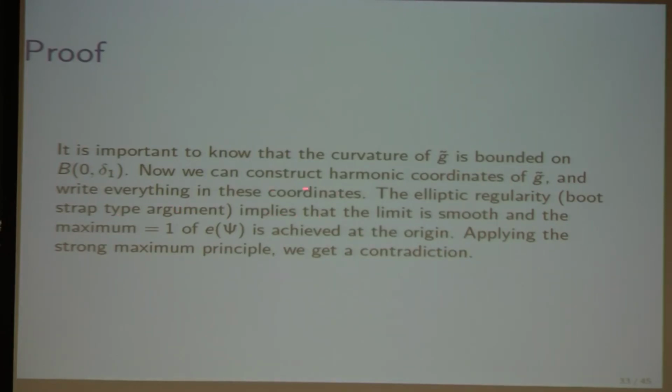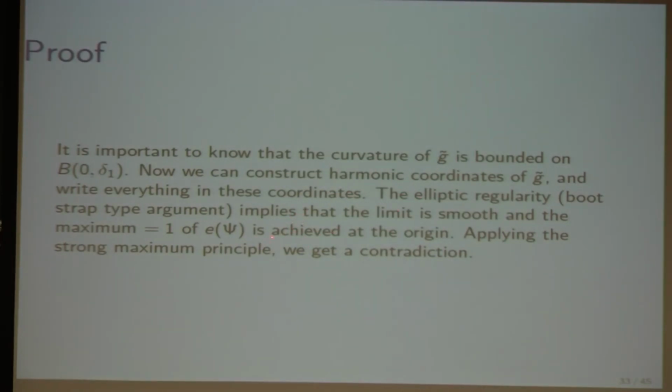So you write everything in these harmonic coordinates and use elliptic regularity for the function u and the one form omega. Then you can prove that they are actually C infinity, they're smooth. And this will tell you that if I take the limit, then the maximum of this function in the energy can also be achieved at the origin, because your convergence is C infinity.